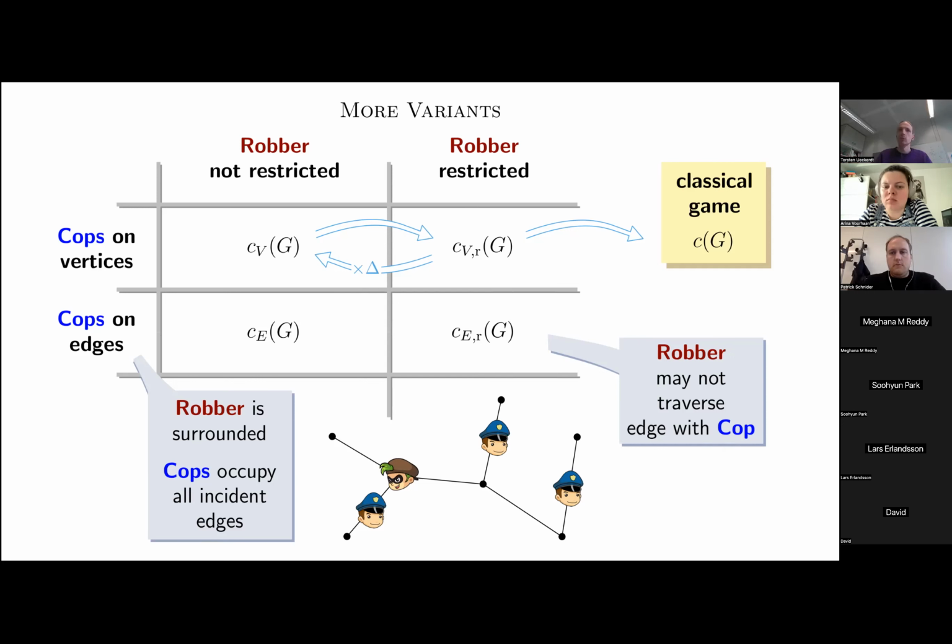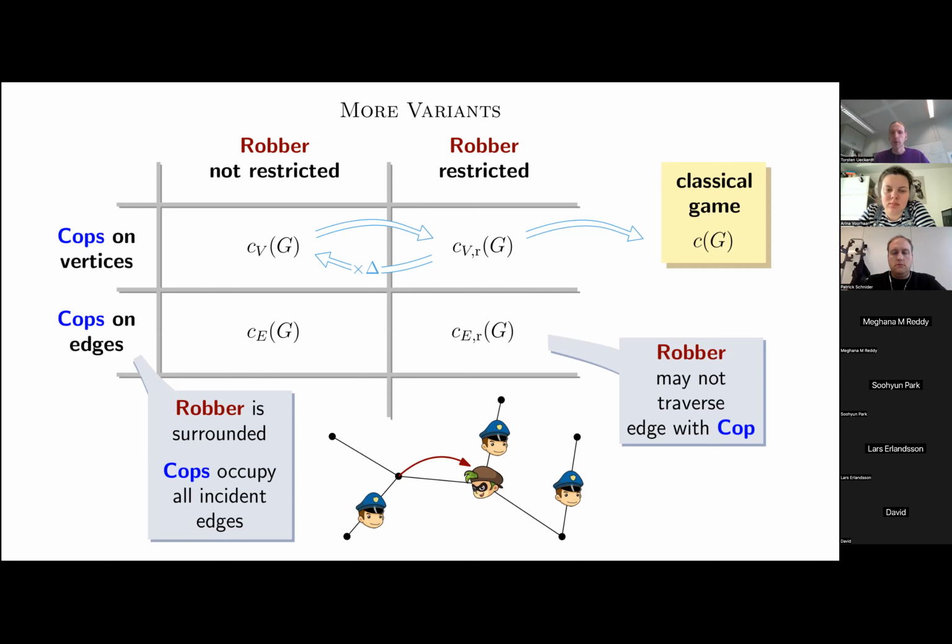So if he finds himself on a crossing where all the outgoing streets are blocked by cops, then he's surrounded and caught. There is also, similar as before, a restricted version where the robber may not traverse through an edge on which a cop is.